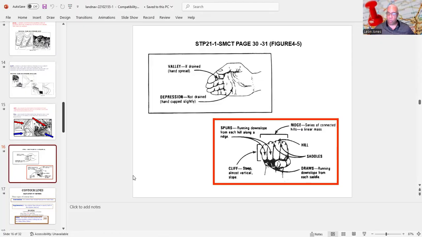I just said you have 2 hills and they're connected by contour lines that are at the bottom. But you have elevations going up.